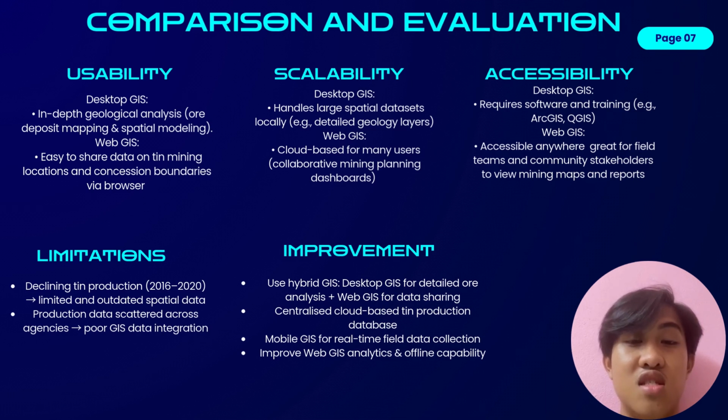So, integrating both desktop GIS and WebGIS can improve monitoring and decision making for Malaysia's tin mining industry. For our data, from 2016 to 2020, the production rate of tin ore decreased. That's all from me. Thank you.